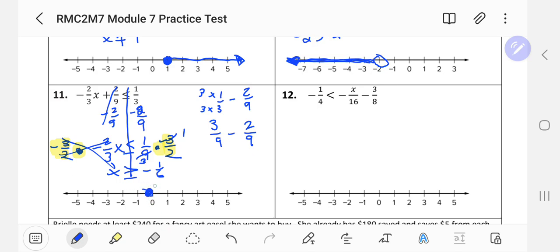And then x is greater, so we're going to shade this way. All right. If I expanded my number line, and I just had negative 1 and 0, and I broke that up into sixths, I'd have negative 1/6, negative 2/6, negative 3/6, negative 4/6, negative 5/6, and then negative 1 would be negative 6/6, but it would be super close to 0.